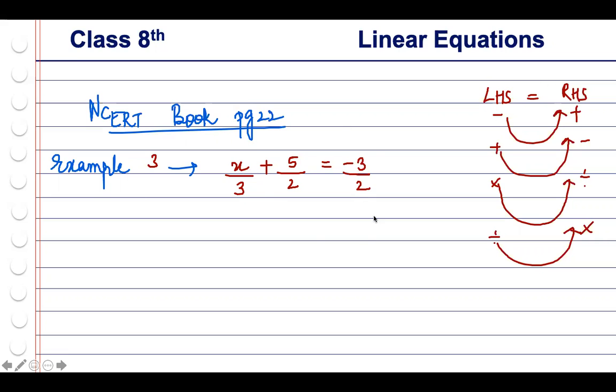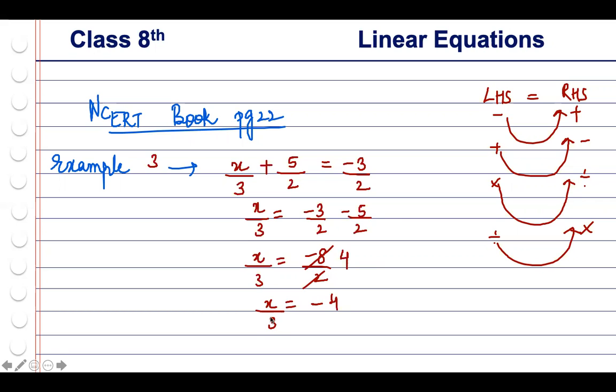So I transpose this 5 upon 2 here. So x upon 3 is equal to minus 3 upon 2 minus 5 upon 2. Minus 3 minus 5 is minus 8 upon 2. When it gets divided, we get x upon 3 is equal to minus 4.